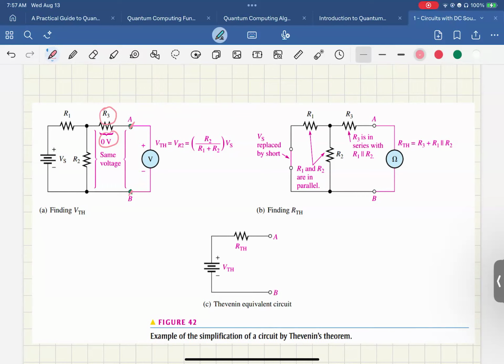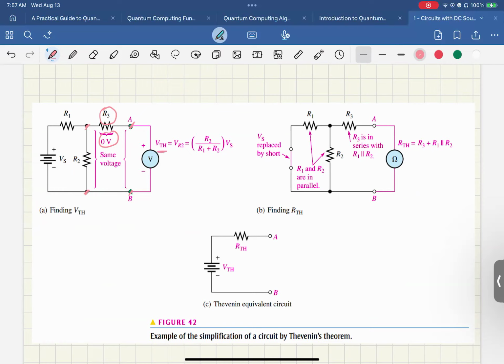So, in other words, R3 has no effect when we're trying to solve for the Thevenin equivalent voltage. The Thevenin equivalent voltage is just the output across R2, which we can derive using the voltage divider circuit.